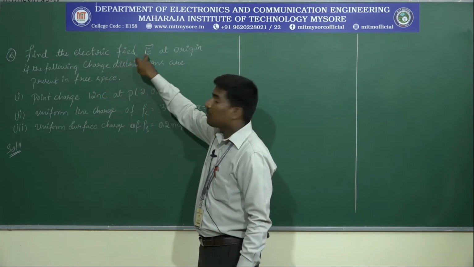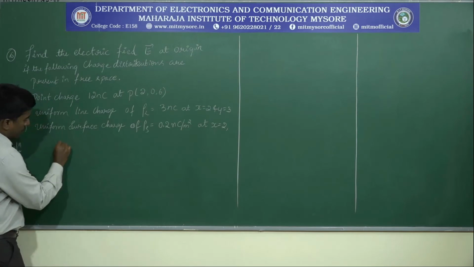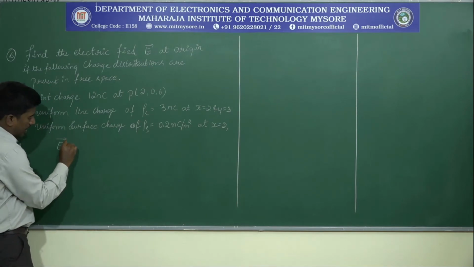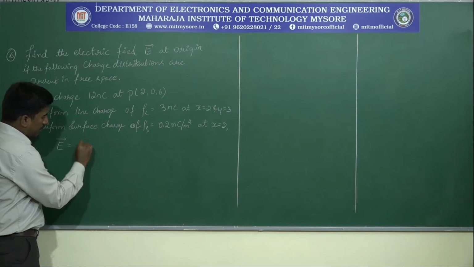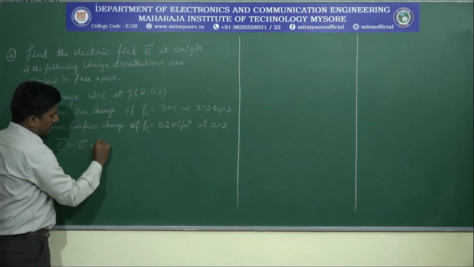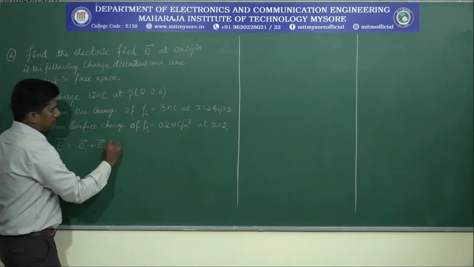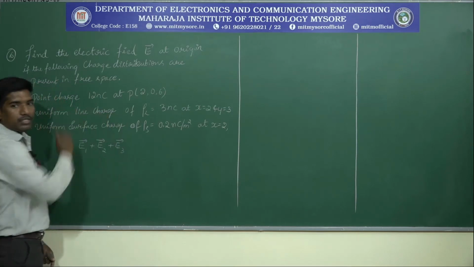So the total electric field intensity E is contributed by the electric field intensity E1 by the point charge, plus E2 by the line charge, plus E3 by the surface charge.